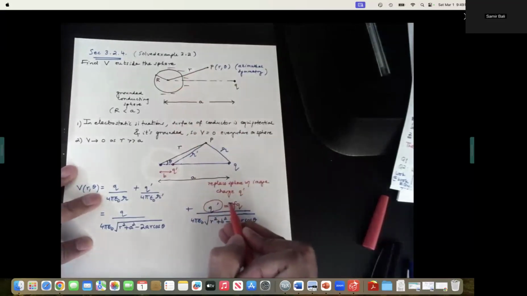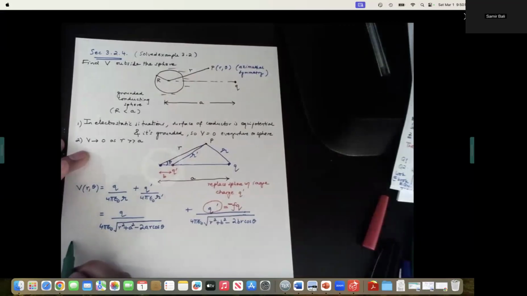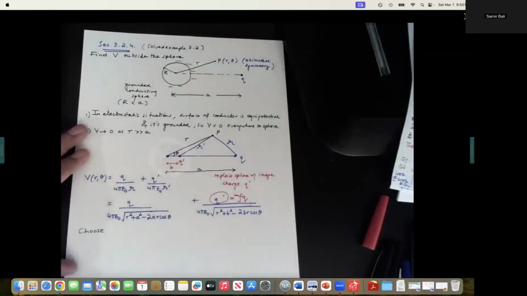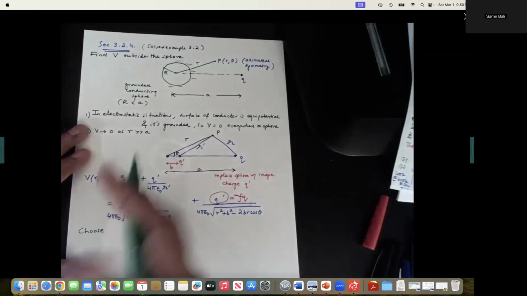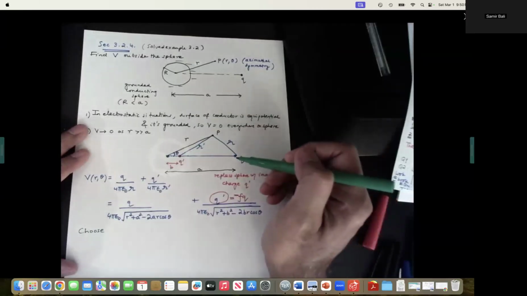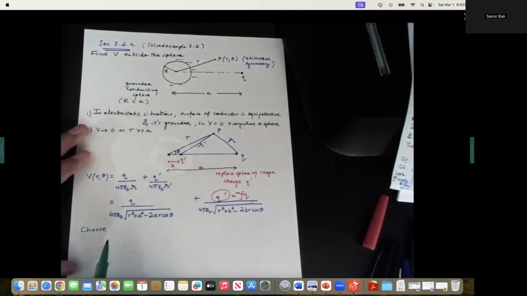Let's put this negative in there. Now my task is to choose. This is where the guessing happens, and you'll see it's not easy. Anytime you have a sphere and a charge near it, you think of this guess that was made and try to either modify it slightly in some obvious way or work with this guess.